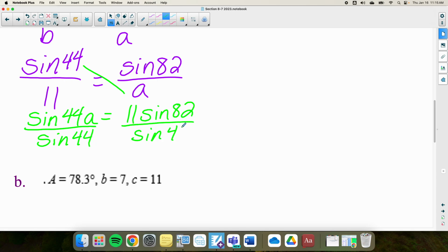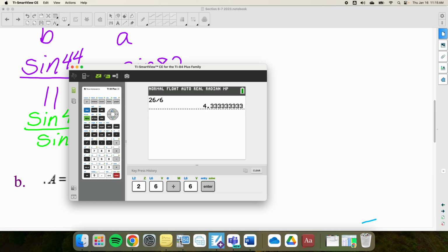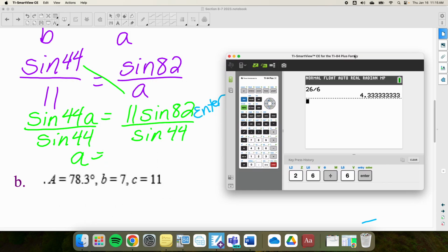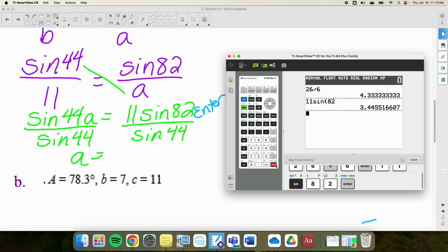And when you type this into your calculator, what do you have to be careful of? Or hit enter here, okay? One of those 2 things. So, what I'm gonna type in here is 11 sine 82 enter divided by sine 44.